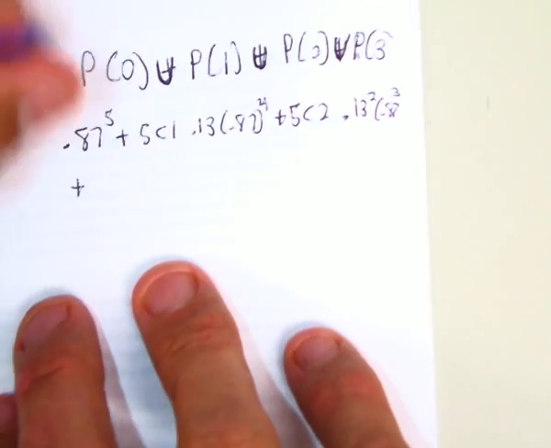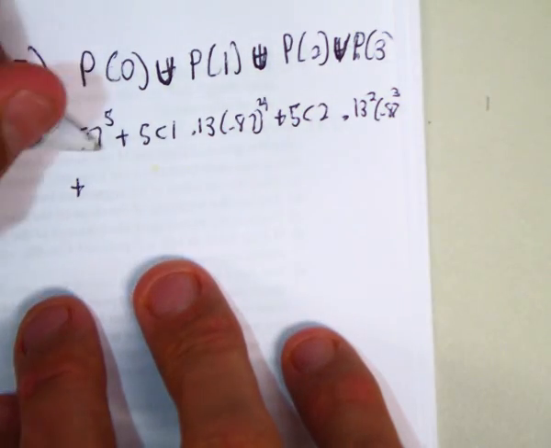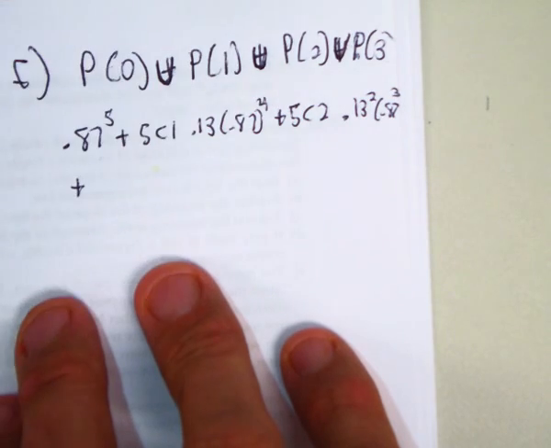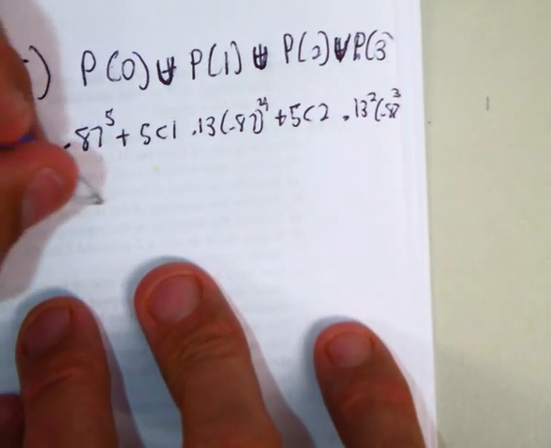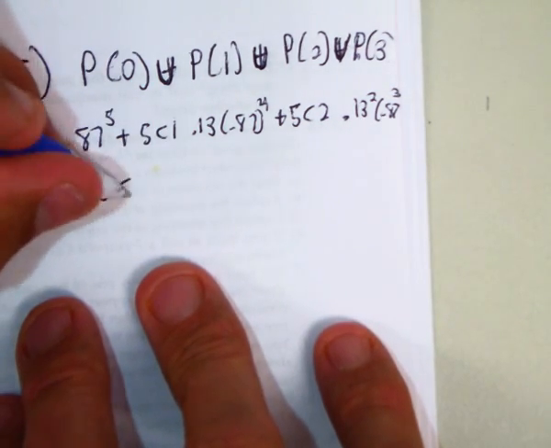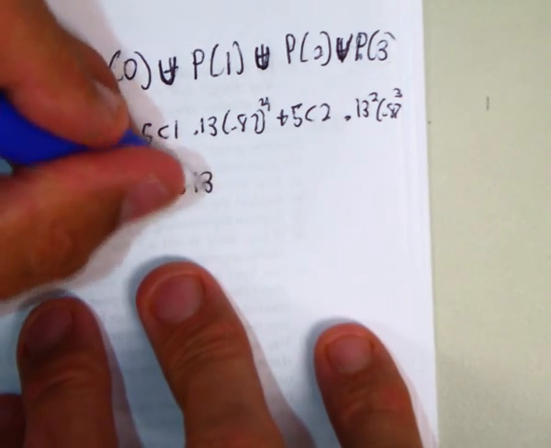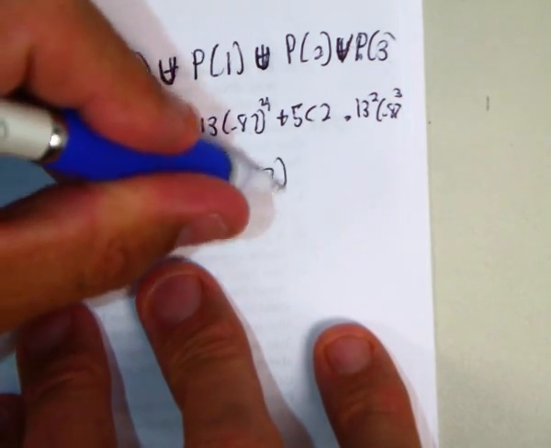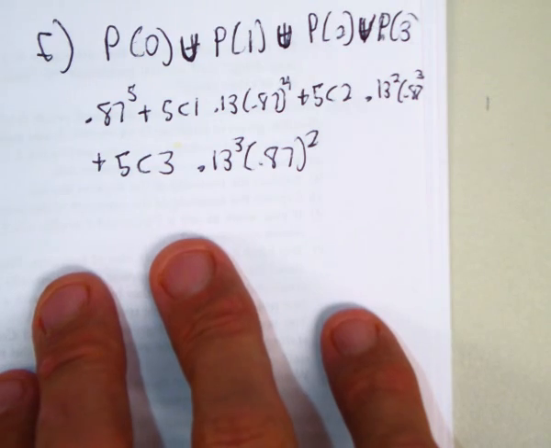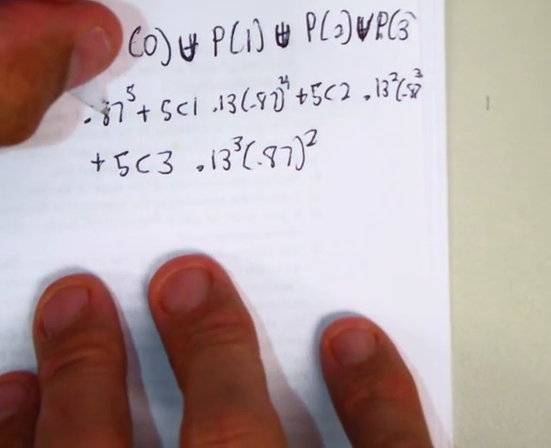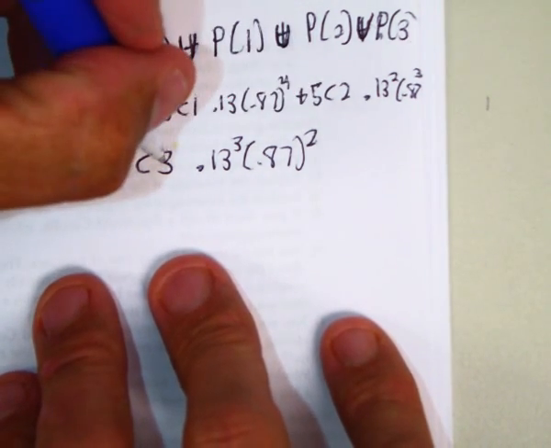And then 3 lefties would be 5, choose 3, 0.13 cubed, 0.87 squared. And if you do those, you would just do binom PDF of 0, 1, 2, and 3.